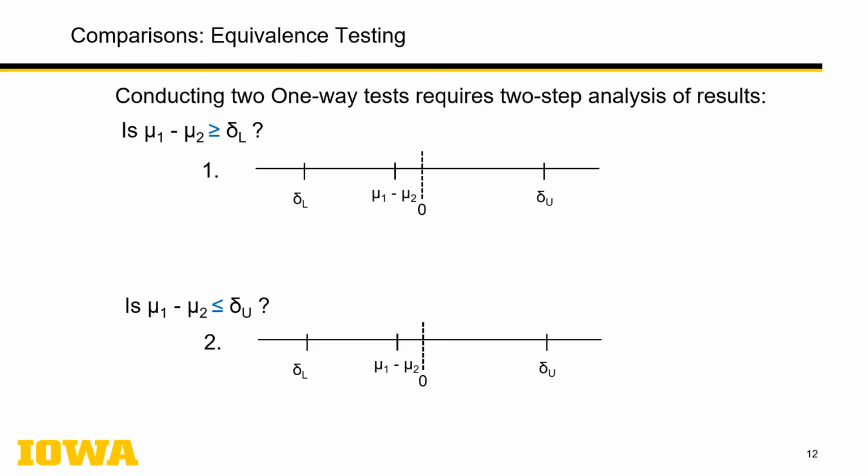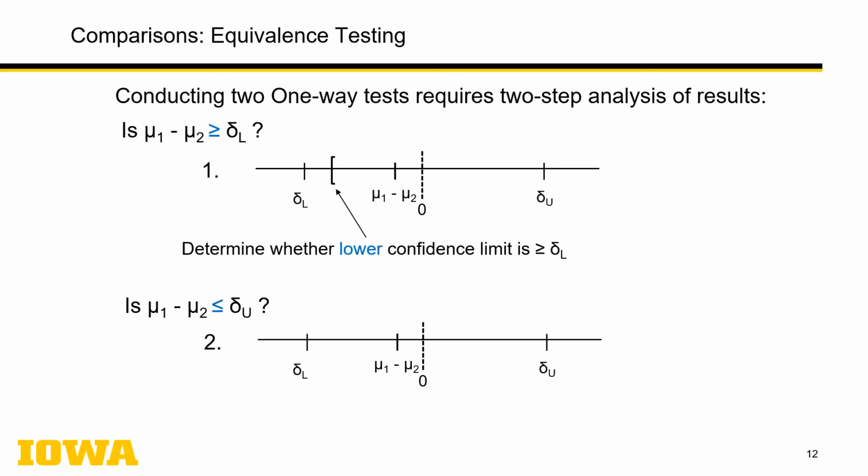Okay, putting this concept into practice, in terms of a confidence limit approach, which is graphically more appealing than trying to do this as a t-test approach, which also can be done. But first we're going to do the confidence interval, by determining the lower confidence limit and whether it's greater than or equal to delta L, that predetermined equivalence range. And as we can see here, yes, it is.